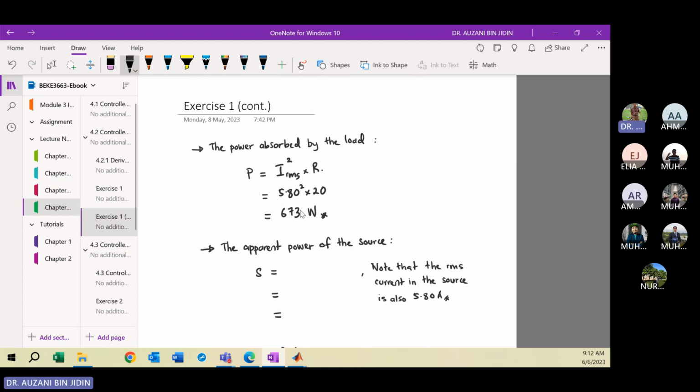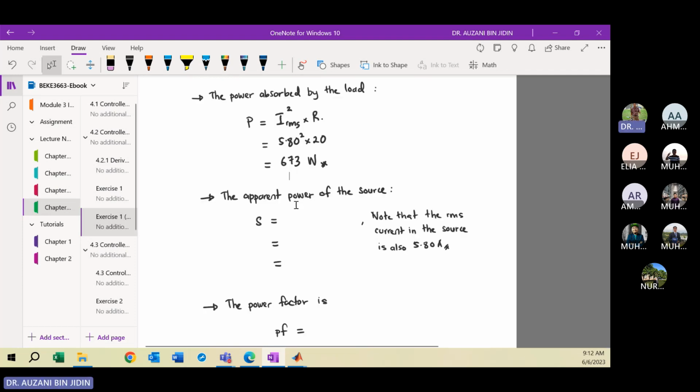Okay, the apparent power, S. The apparent power is the multiplication of the source voltage and current.